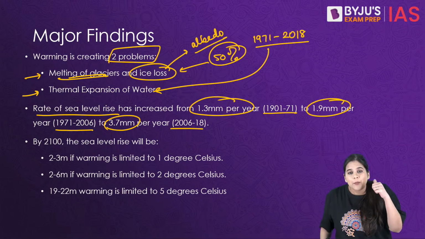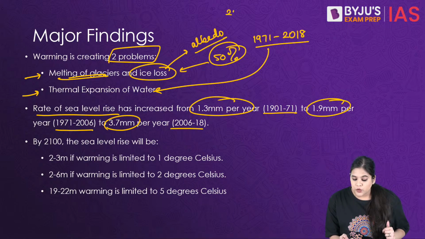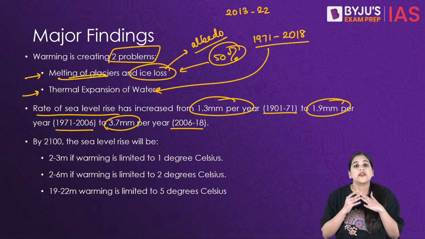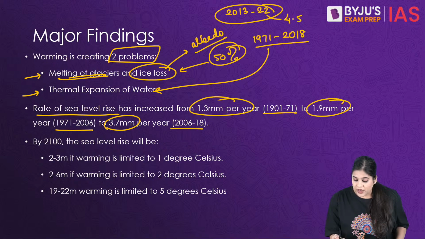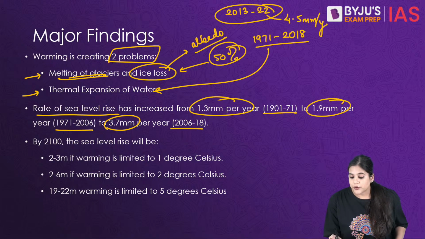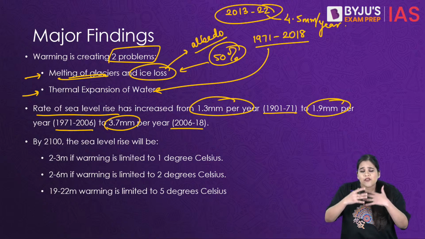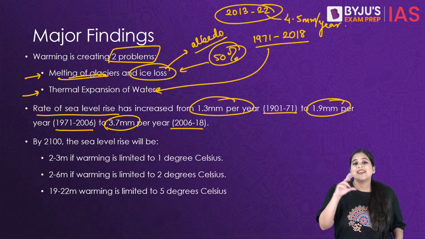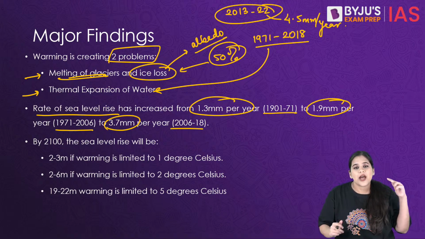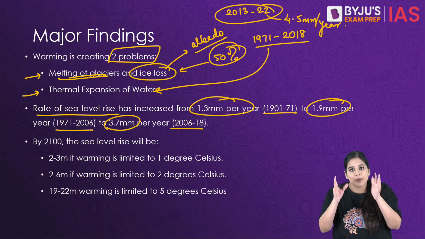Moreover, in the past decade, between 2013 and 2022, it has further increased to 4.5 mm per year. So you can see that with every passing year, the rate of melting and the rate of sea level rise are increasing, and that is driving up the average.